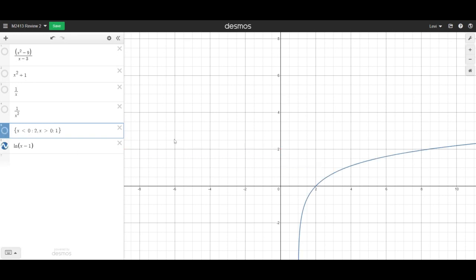And one more. I'm interested in the limit as x approaches positive 1. Negative infinity.